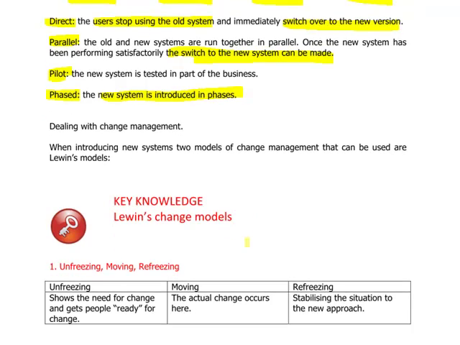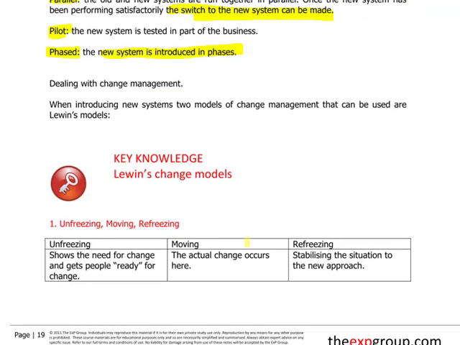Okay, the next thing to look at is all about change, and we're linking in some theoretical change models into how we change over systems. Now, Kurt Lewin is a very well-known management theorist who's had a number of theoretical models tied in with change.